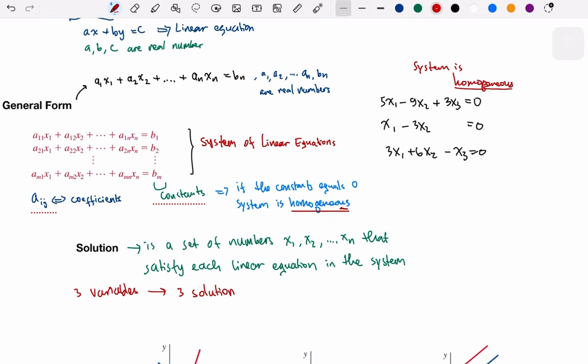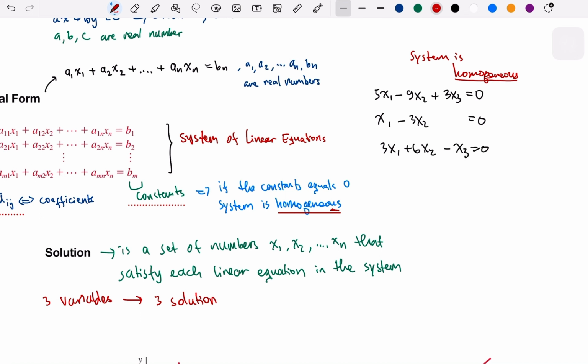And then there are some categories of solutions. We say the system could be consistent, which means one solution, or at least one solution. Then there is another one which we call inconsistent, which means no solution.